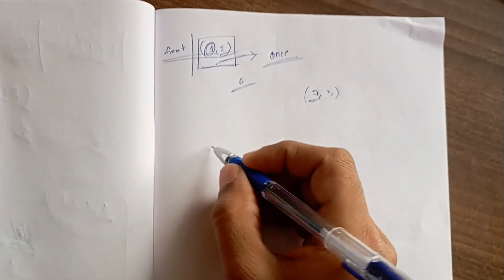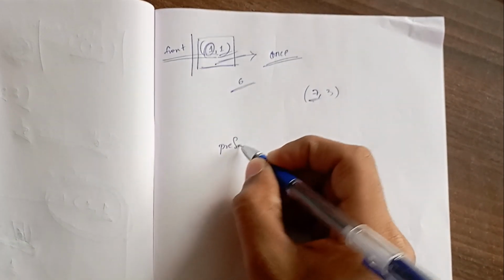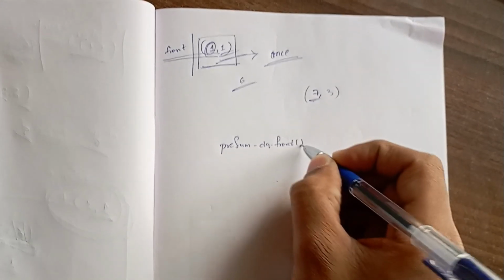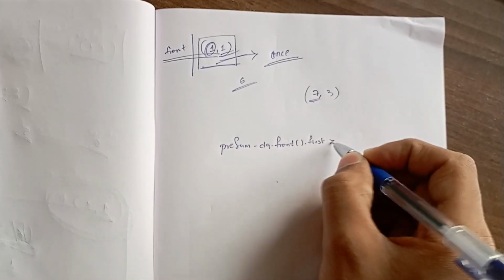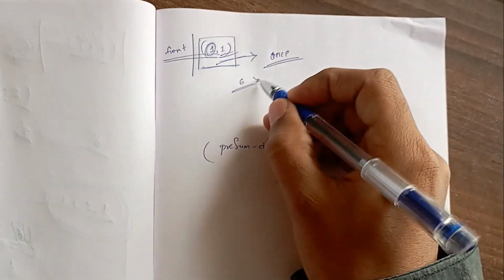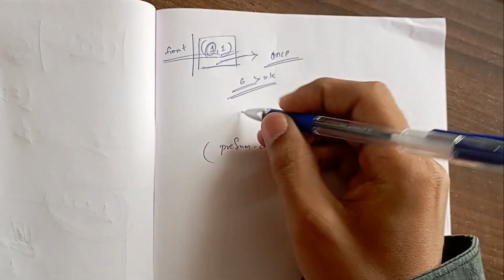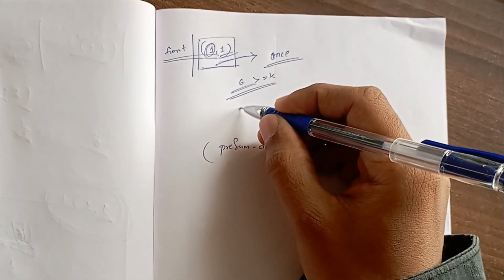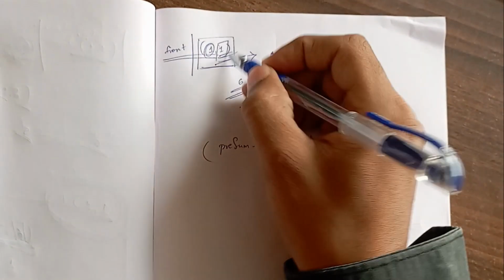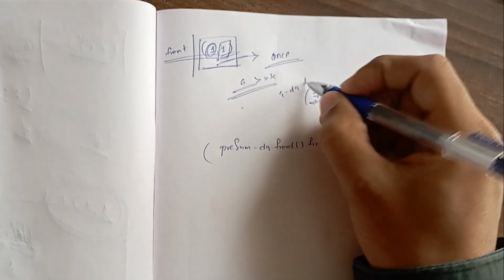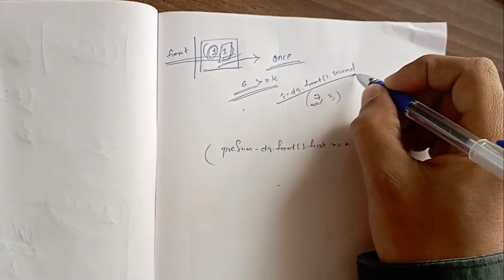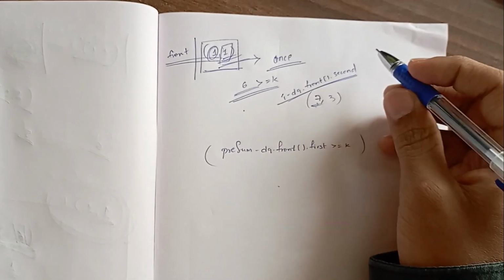So if the prefix sum minus dq dot front dot first is greater than or equal to k, we need to consider the length. That means i minus dq dot front dot second, the index we are storing, is the size of the subarray we are looking for.